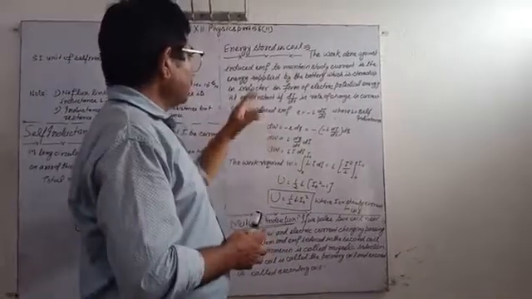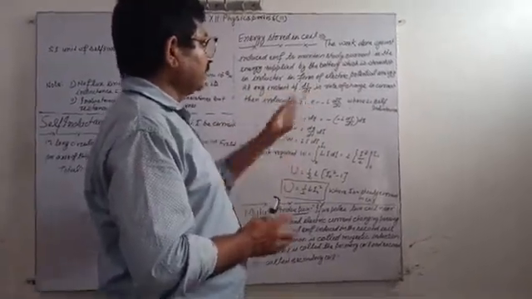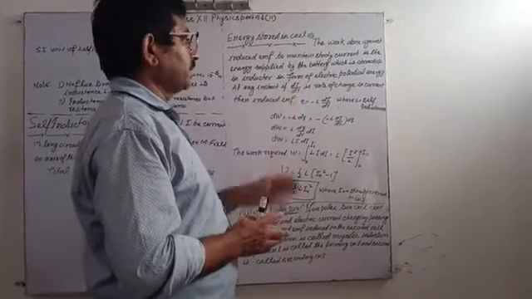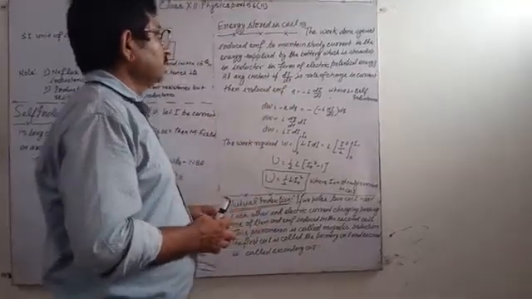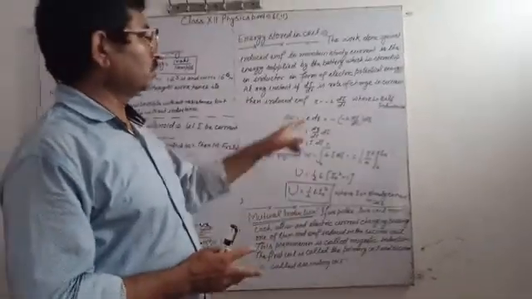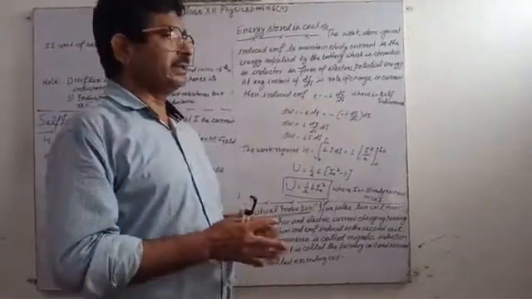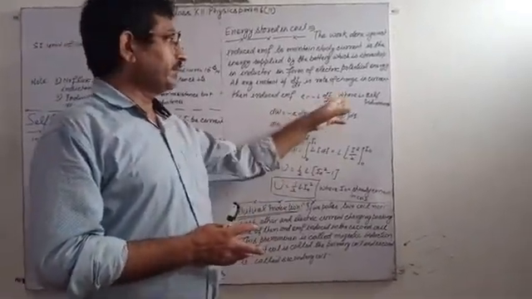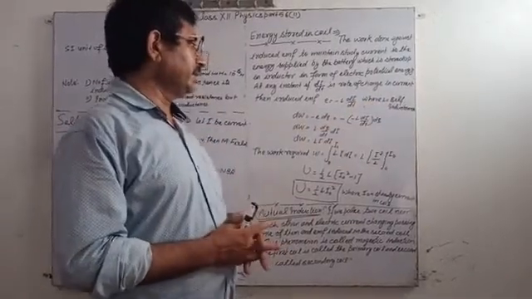At any instant, if dI by dt is the rate of change of current in the coil, then the induced EMF equals minus L dI by dt, where L is the self inductance.